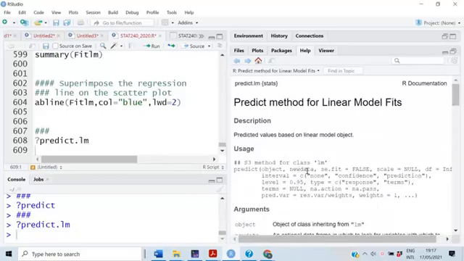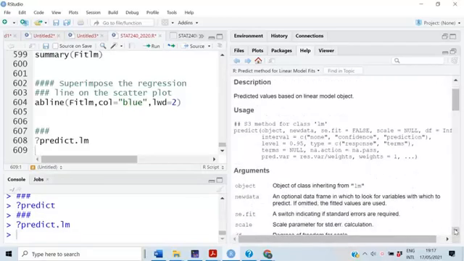So the new data. If you come here, it says newdata is what? An optional data frame in which to look for variables with which to predict. If omitted, the fitted values are used, and so forth. So what are the fitted values? They are just the values of y for the corresponding x values you use in plotting.